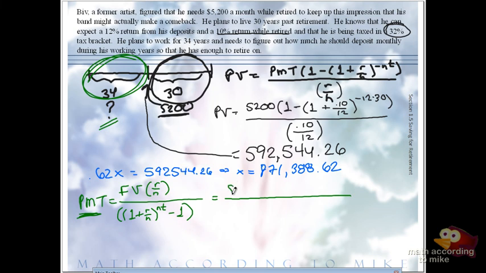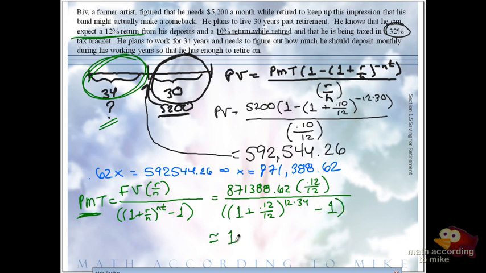So for us, we have this FV is this 871 number. R is this time 0.12. So notice in the word problem it says 12% return while he's working. Over 1 plus our R over our N, 12 times 34, because he'll be working for 34 years.